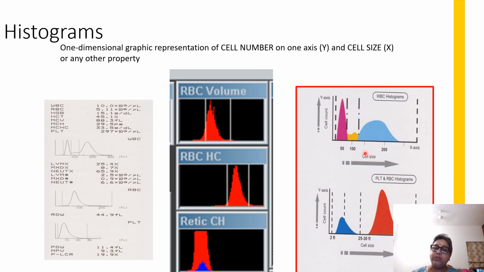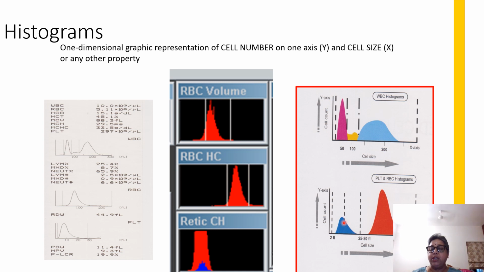All of us who have used three-part cell counters will know this very familiar histogram, which is the WBC differentiation. This is your RBC. The RBC and platelet is usually one histogram, where first the platelets are counted since they are smaller than the RBCs, and then the red cells.